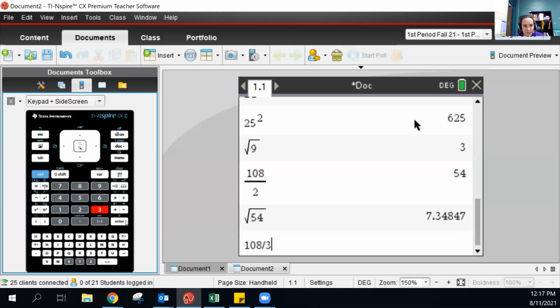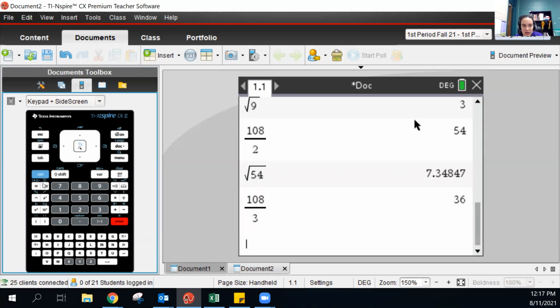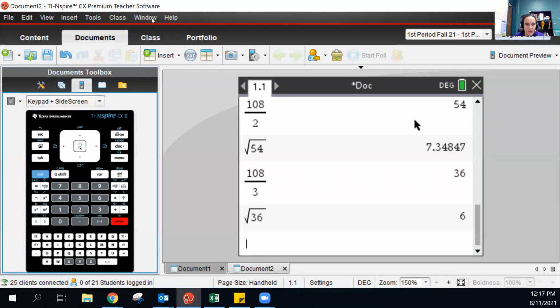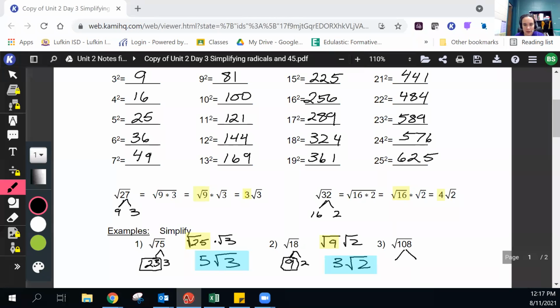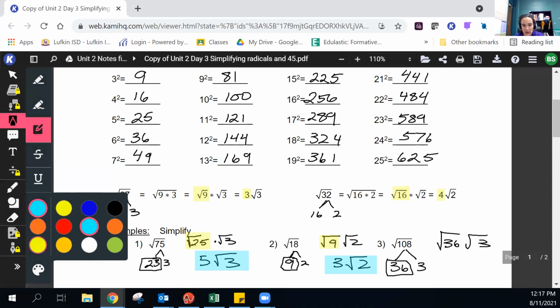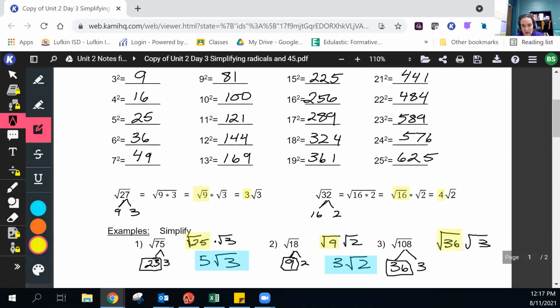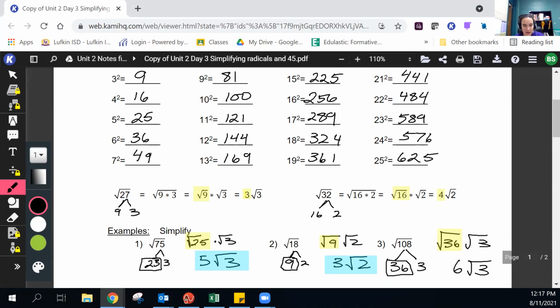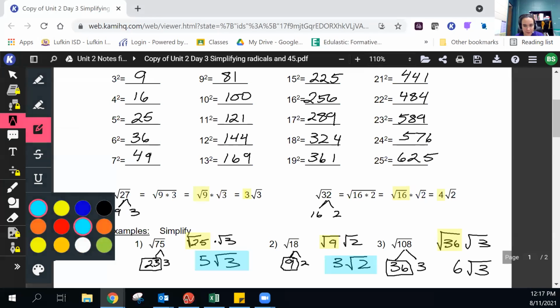Is it divisible by 3? Yes. We get 36. Is 36 a perfect square? Yes. We get 6. So we've got 36 and 3. 36 is my perfect square. Taking the square root of 36 times the square root of 3. And the square root of 36, as we said, is 6. So our answer is 6 times the square root of 3.